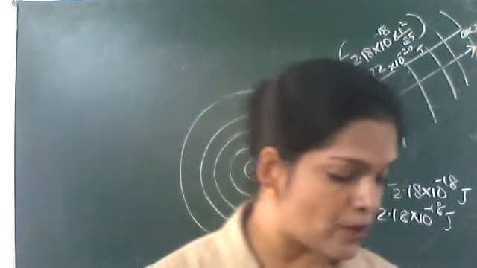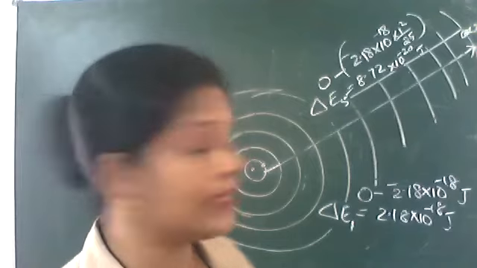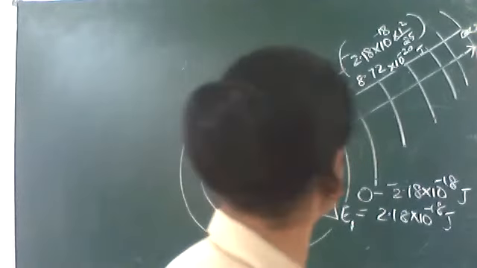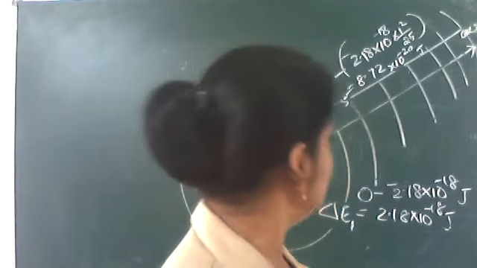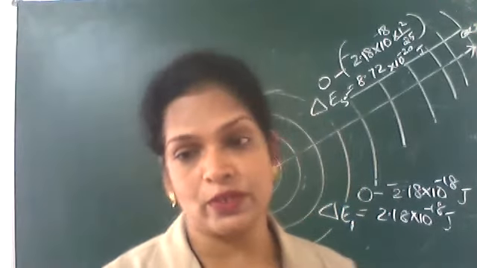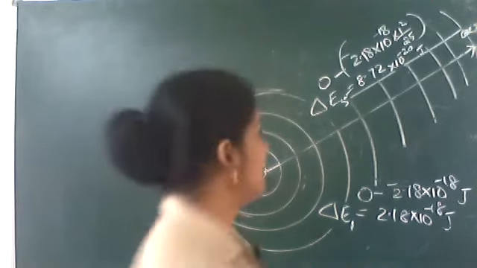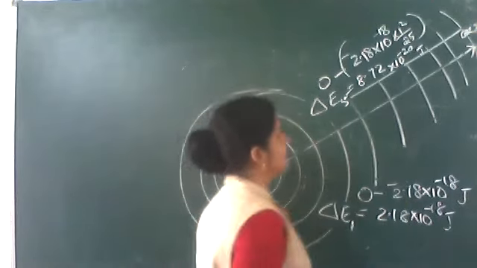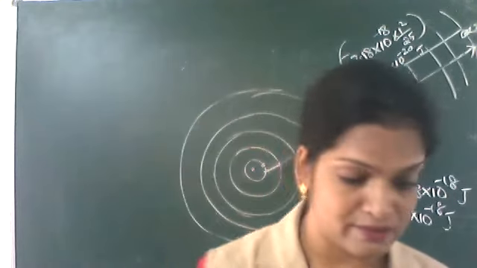That means 2.18 into 10 to the power minus 18 divided by 8.72 into 10 to the power minus 20. Of course, the answer you know. What is the answer? You got this value by dividing by 25. So it is 25 times.